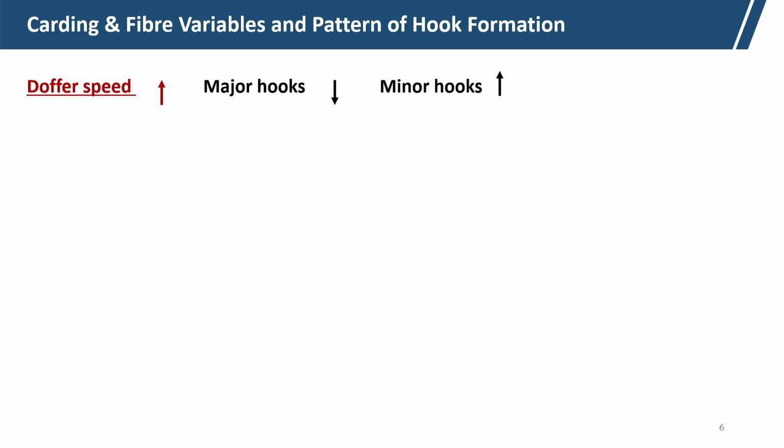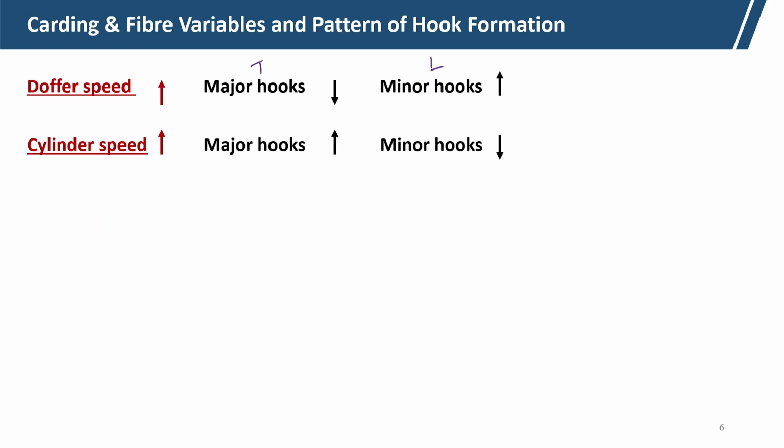Now, we can see that as the doffer speed increases, the major hook, that is the trailing hook, reduces, and the minor hook, which is the leading hook, increases. With the increase in cylinder speed, the major hook increases and the minor hook reduces.